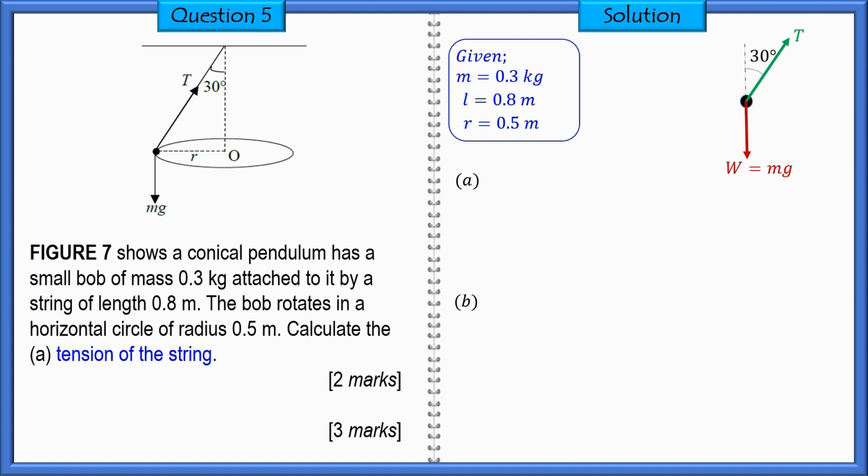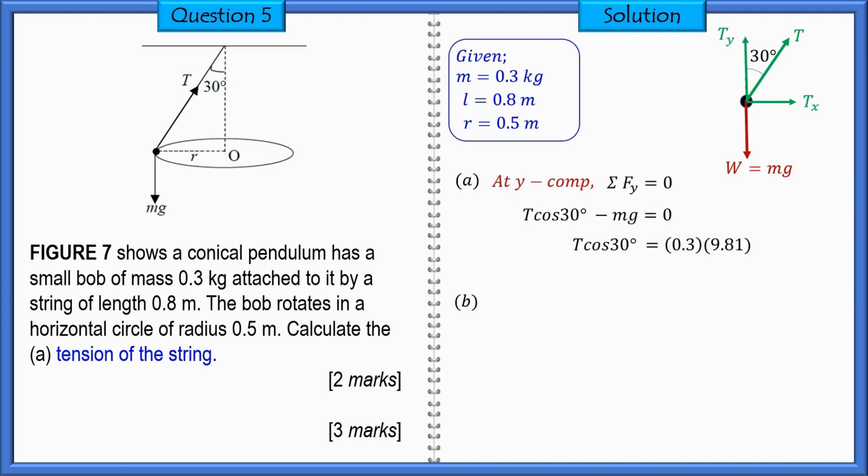The free body diagram for this conical pendulum consists of tension and weight. The tension is not located along the y or x component, so we need to resolve it into Tx and Ty. To calculate the tension in the string, we refer to the y component, where the total force is equal to 0 because the pendulum is not moving upward and downward.